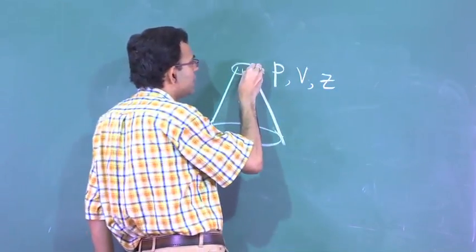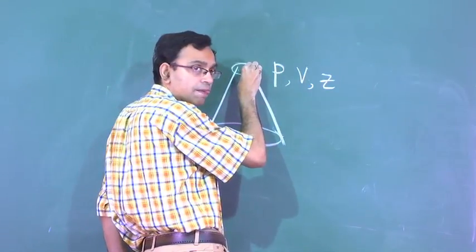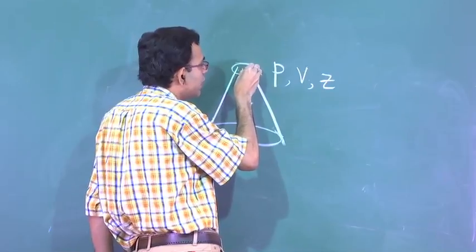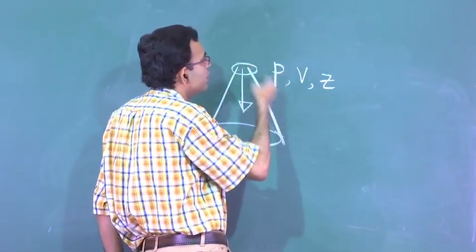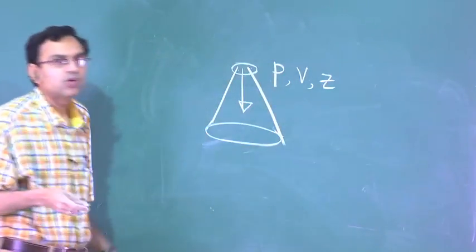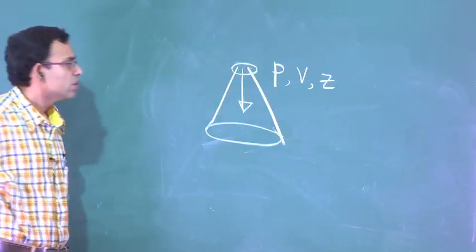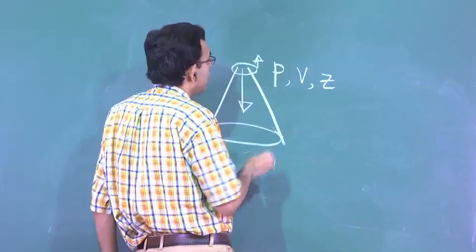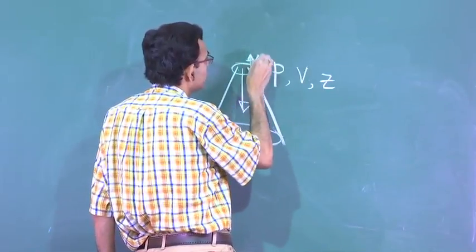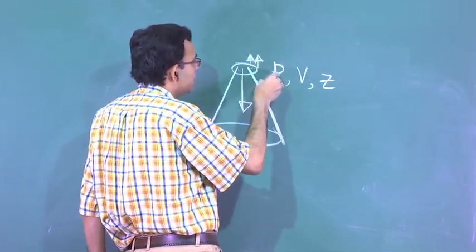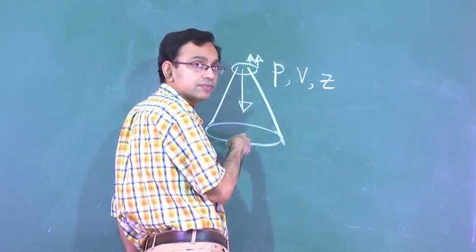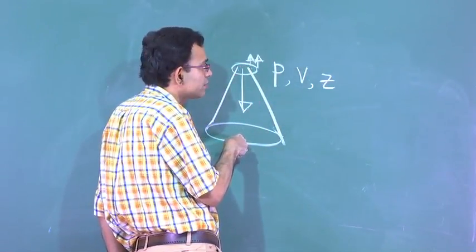The average velocity here will be more if rho is constant. So, if the average velocity is more and the height is also more, the pressure will be less even if the fluid is flowing from here to here. Okay.